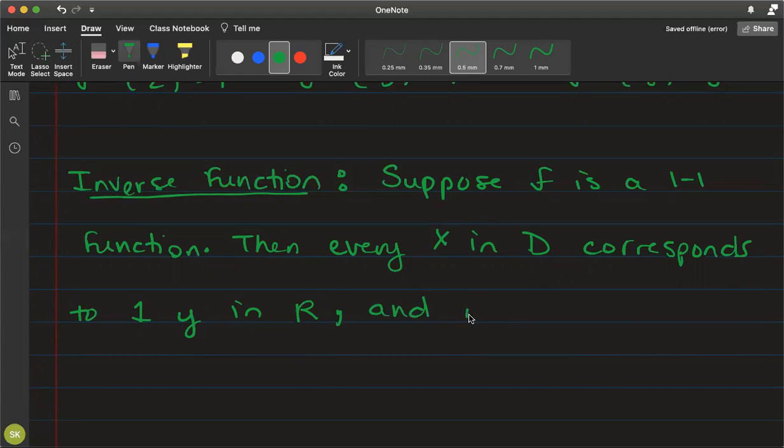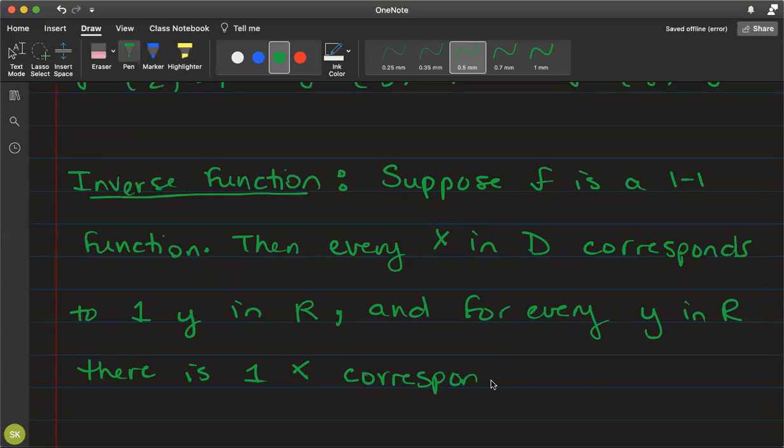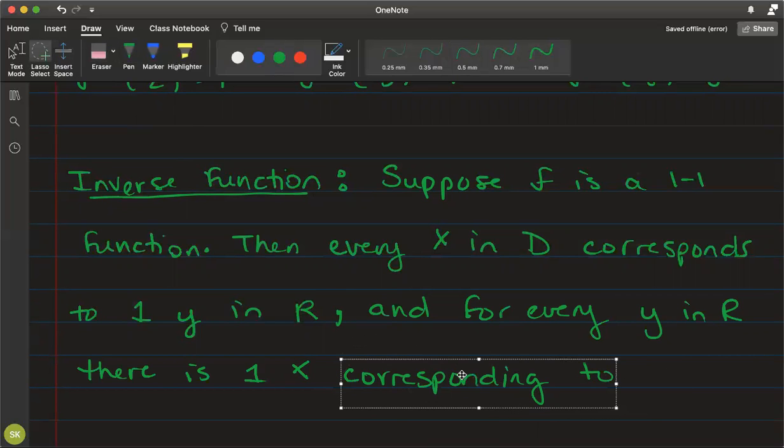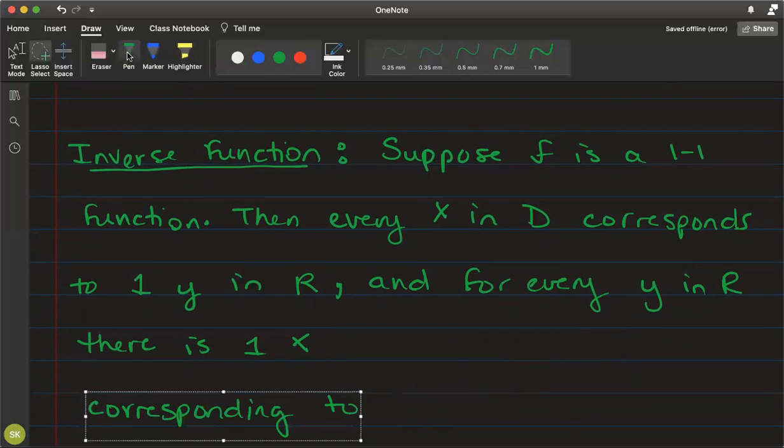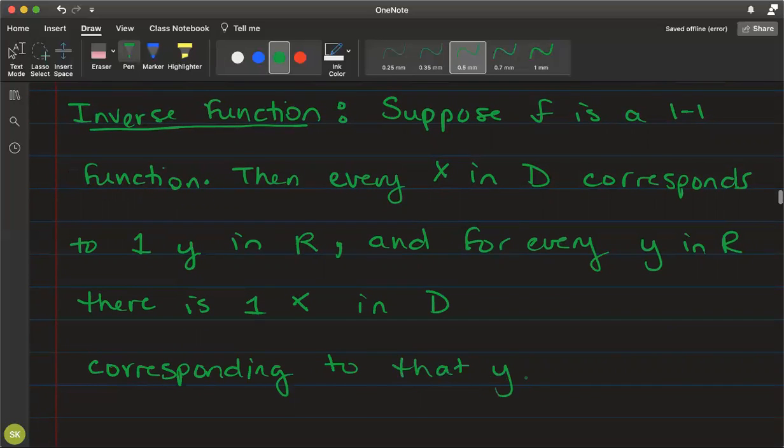And for every y in the range, you could think of there being only one x in the domain that corresponds to that y.